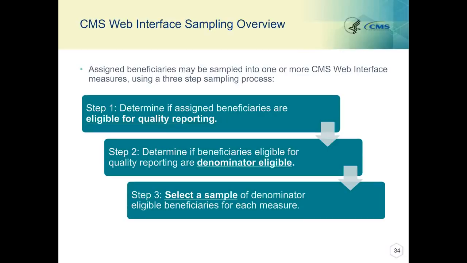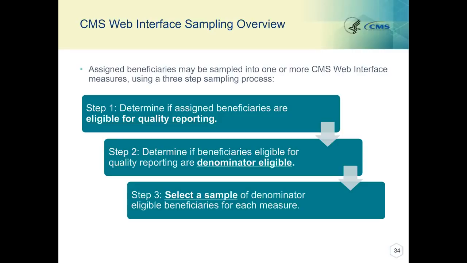So this slide outlines the steps that are taken for the actual beneficiary sampling into the measures. The first step is determining quality eligibility for reporting.